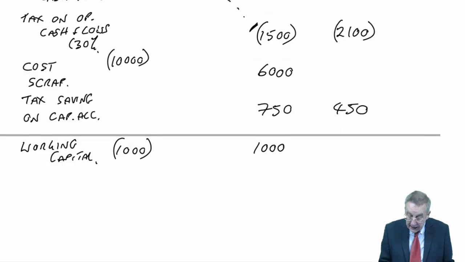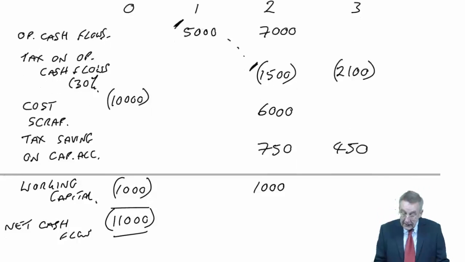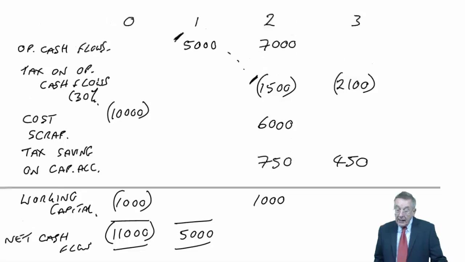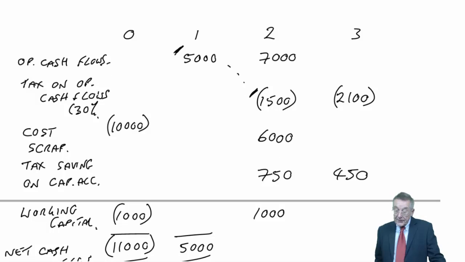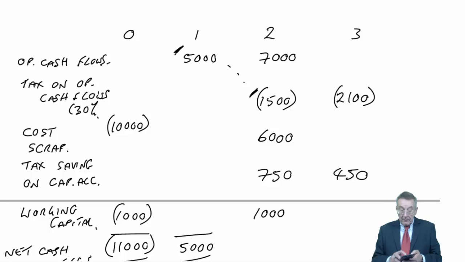Now we've got the net cash flow each year. So at time 0, an outflow of 11,000. At time 1, an inflow of 5,000. At time 2, I'm going to use my calculator: 7,000 minus 1,500 plus 6,000 plus 750 plus 1,000.